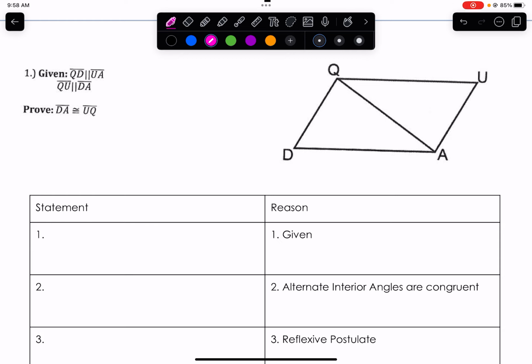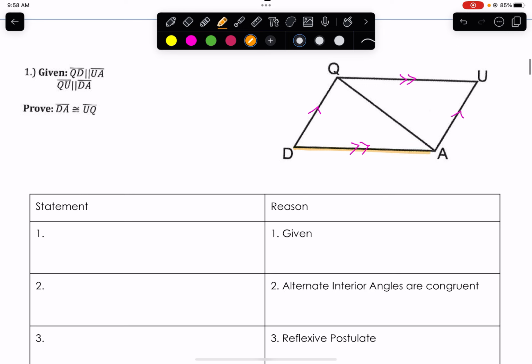Given QD is parallel to UA and QU is parallel to DA, we want to prove that DA is congruent to UQ. Now this is a line, not an entire triangle. So when you see that there's a piece, you know you're going to have to use CPCTC.